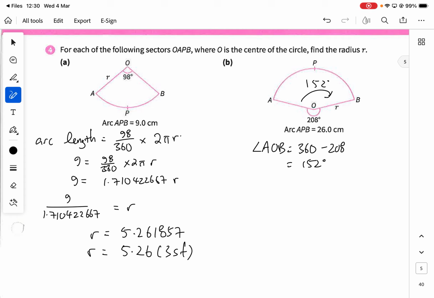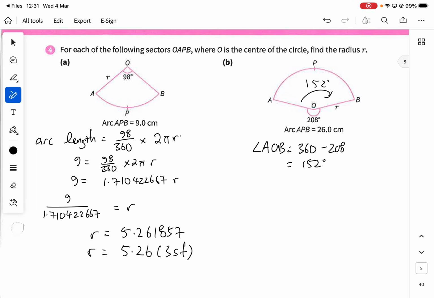I want to find the radius. 2.6529 R is 26.0.